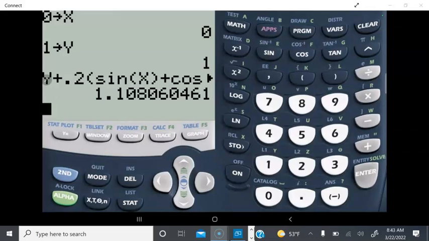So now, if I type in that equation again, when it calculates using y, it's going to use this new value. Let me go ahead and just quickly record this value. 1.108.